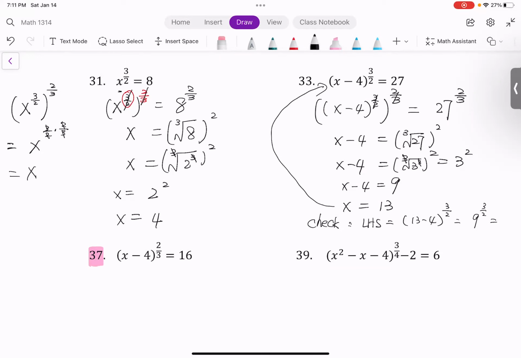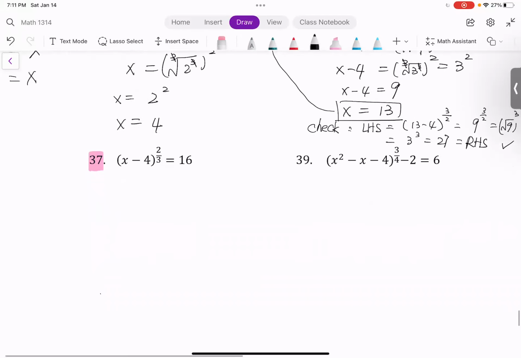We know that the bottom of the fraction means the square root of 9, then raised to the third power. So we have 3 cubed, that is 27. So that's the right-hand side, 27. So this is my solution.